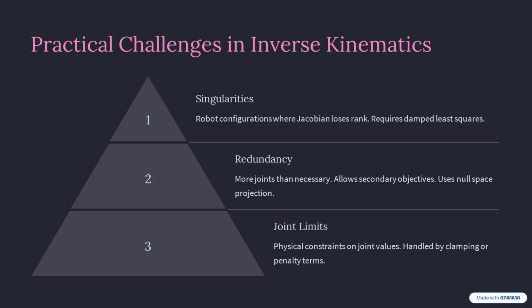We project those secondary objectives into the null space of the Jacobian so they do not interfere with the primary task of achieving the desired end effector pose. Finally, physical joint limits must be respected. We handle those either by clamping joint values within allowable ranges or by adding penalty terms to the cost function that discourage violation of the limits.